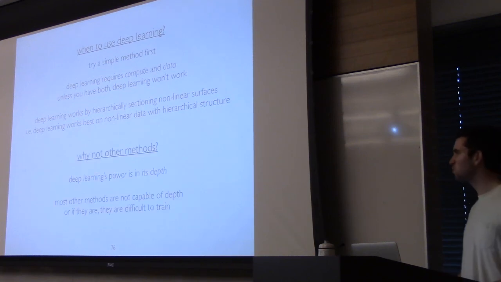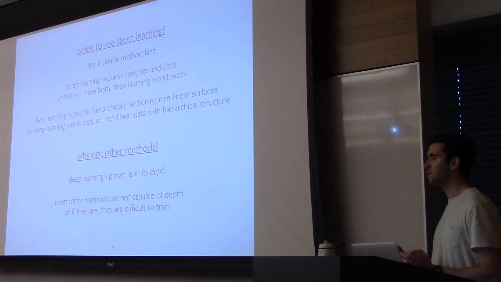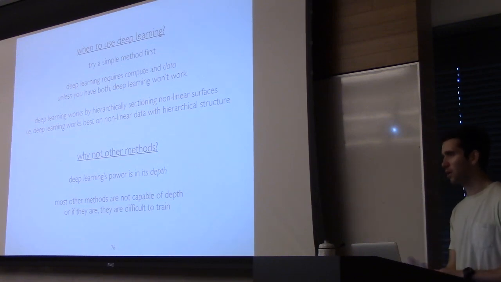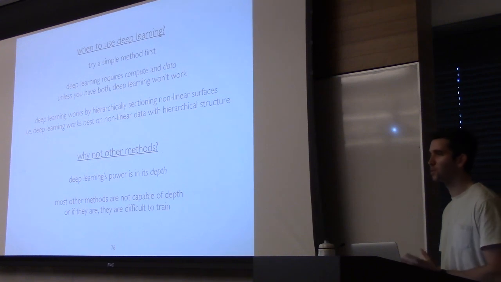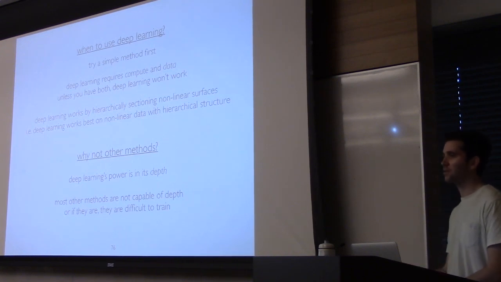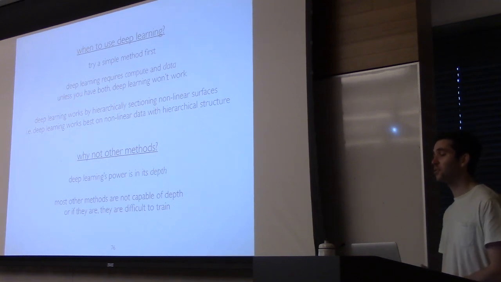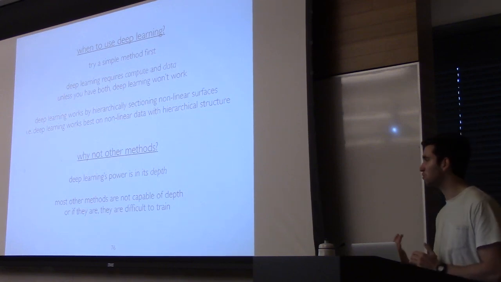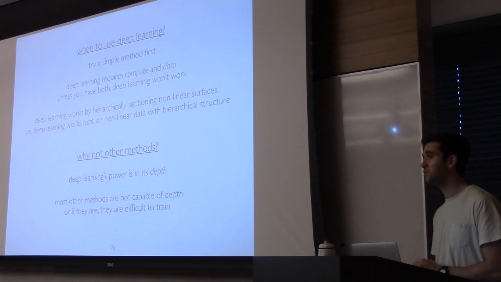Another question would be, why not make a deep learning version of some other machine learning approach? Why not just use boosting or something like that? And the answer is, you could. There's nothing stopping you really from learning a hierarchy of some other basic function, and that would probably work pretty well too.